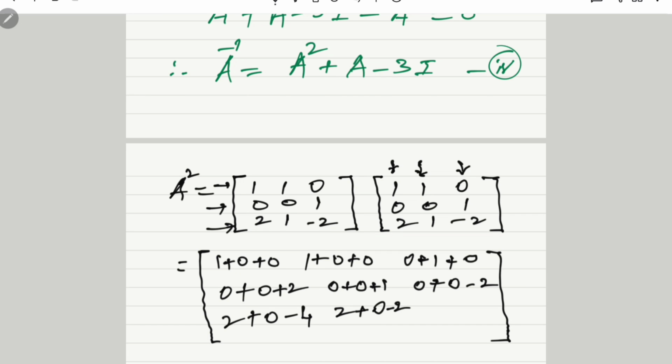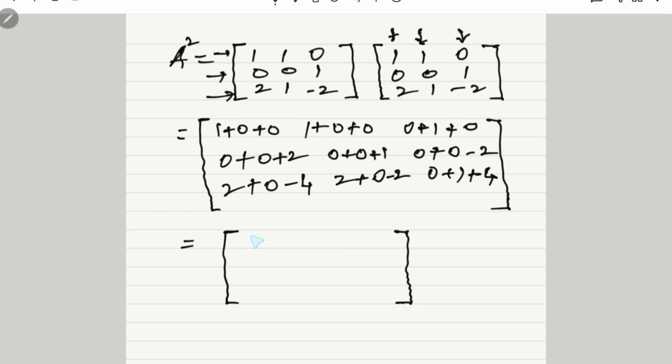Third row to third column, elements are 0, then 1 and plus 4. 1 plus 0 we get 1. Then again 1 and third element is also 1.